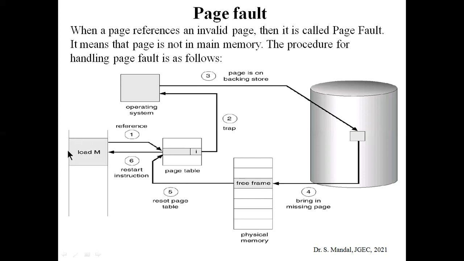So whenever a page fault occurs, the control is shifted from the CPU to the operating system, and after loading that particular page into the main memory, the control is shifted from the operating system to the CPU again. After the loading, the last step is to restart the instruction or execute the particular process.